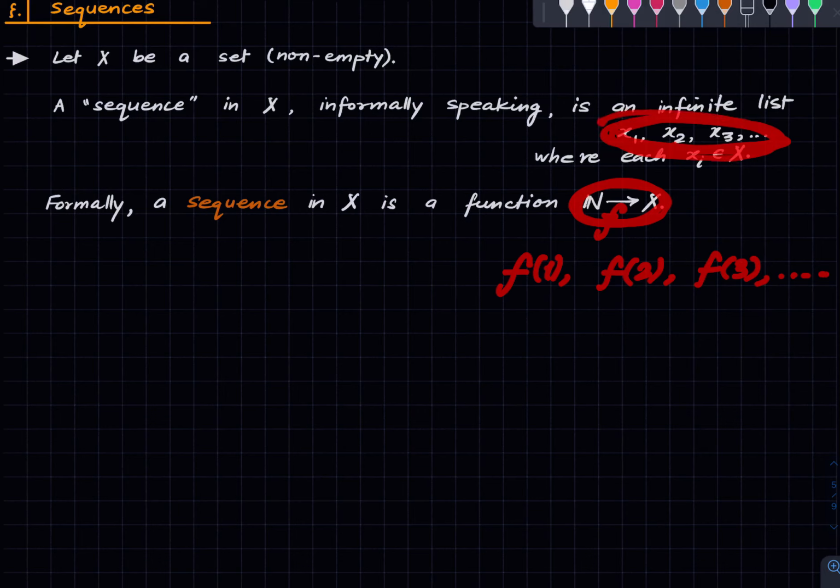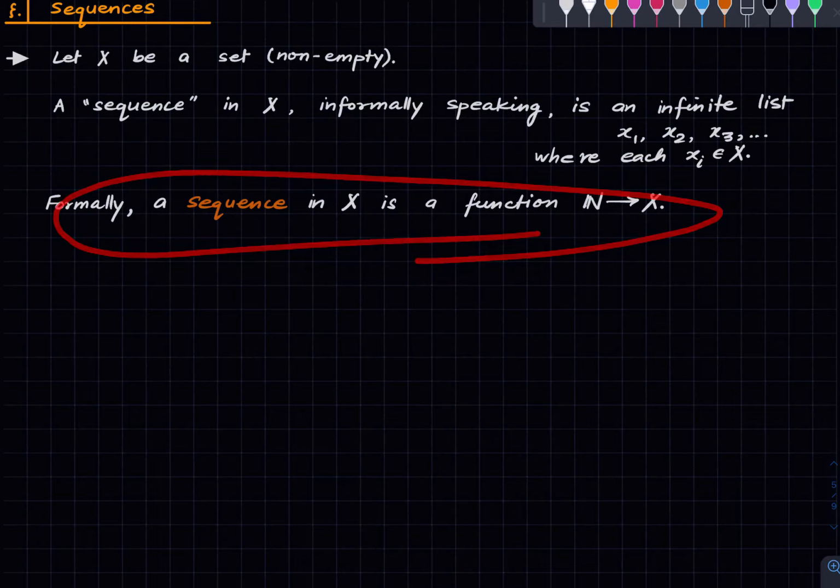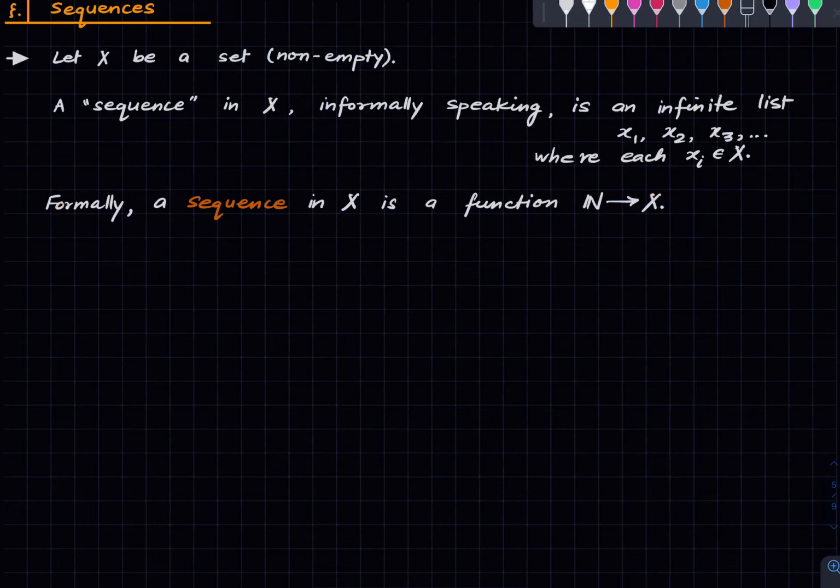And if we are given such a thing, we can create a function from the naturals to X. So the relationship between the informal way of writing things and the formal definition should be very, very clear.